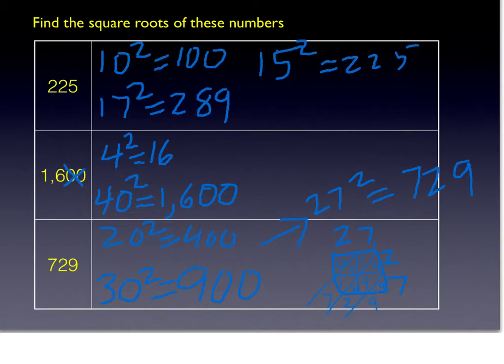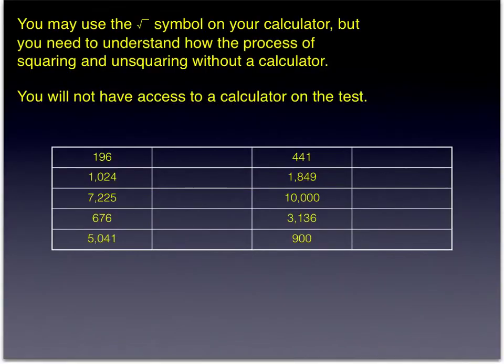Different strategies to think of, different strategies to use. It's a matter of building that mental process in your head. But handy dandy, calculators are around us everywhere, and there is a way to do it on a calculator. First, you have the square root symbol on your calculator.